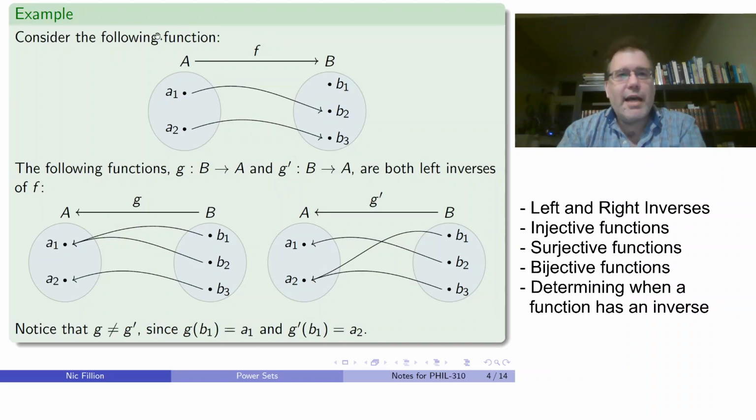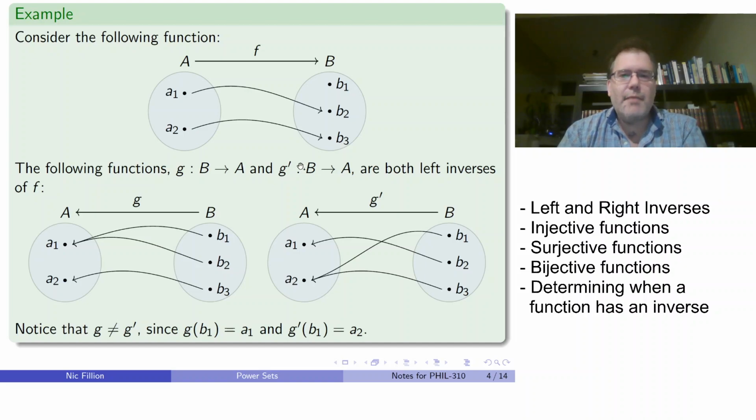So here at the top of the slide, I have depicted a particular function from set A to set B. Notice there are more elements in the set B than there are in the set A in this example. And now I'm going to present to you two functions from B to A, G and G prime.